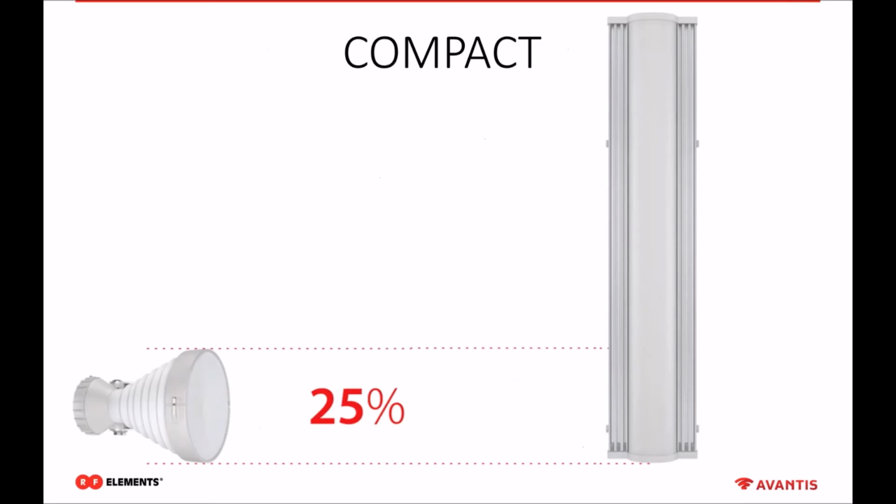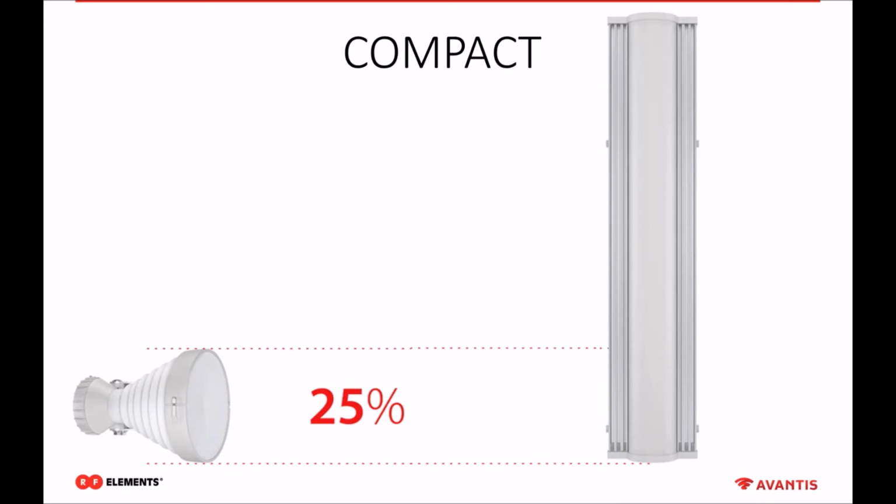I already mentioned the size of the antenna, and the symmetrical sector antenna is very compact. Compared to the traditional sector antennas, its size is about 1/4, so very compact.